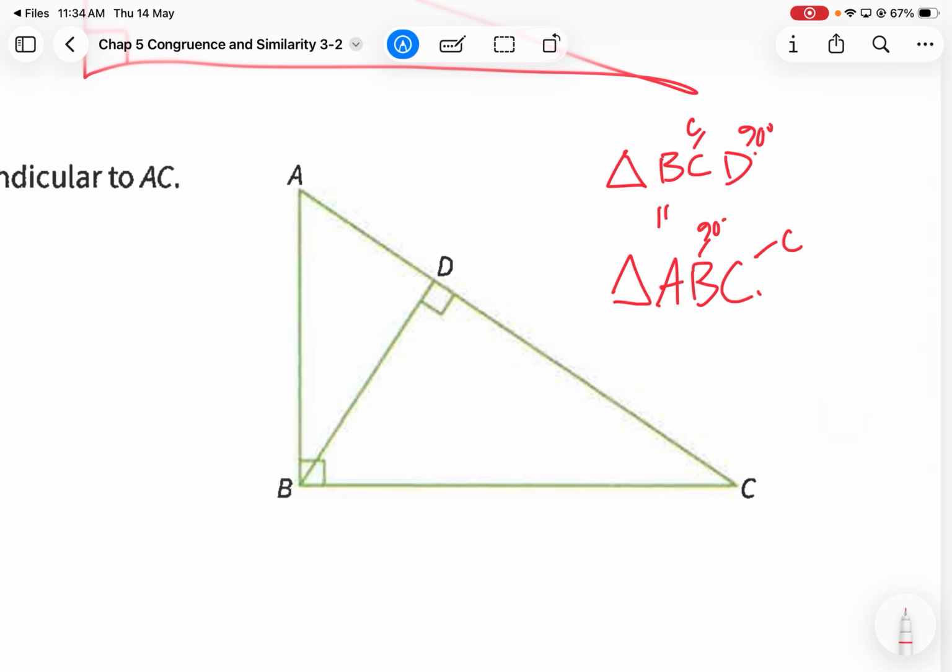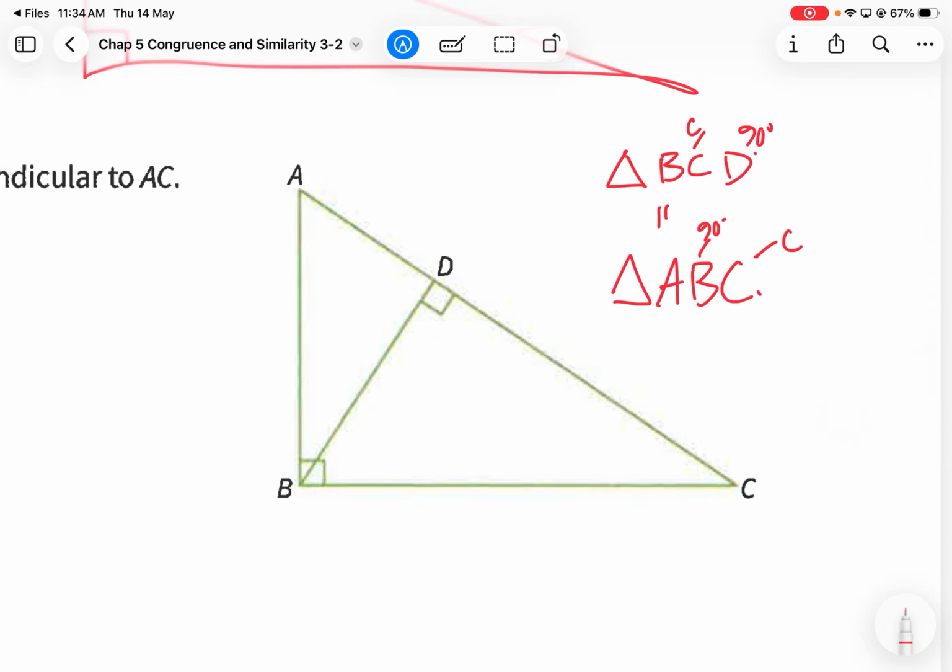Can tell or not? Or not listening? Angle D in the small one is a 90 degree. Angle B in the big one is a 90 degree. C is the same.